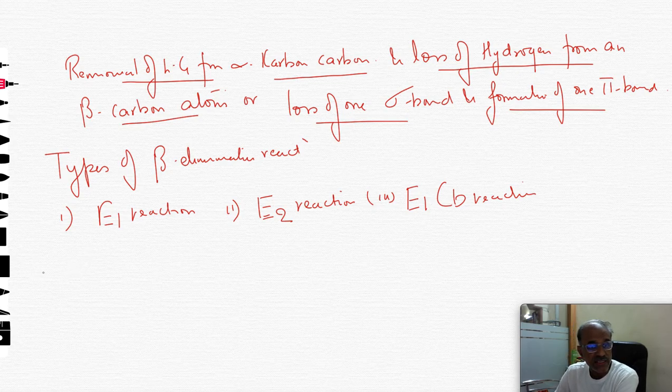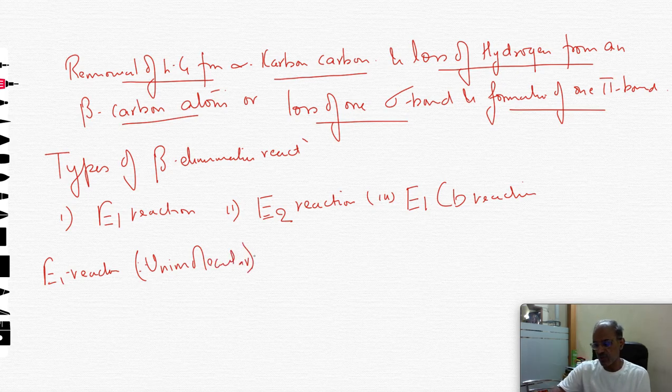First one is E1 reaction, or you can also say it is unimolecular. As we have seen in SN1 reaction, which is unimolecular, the rate of the reaction depends upon only one parameter. So it is known as unimolecular reaction.